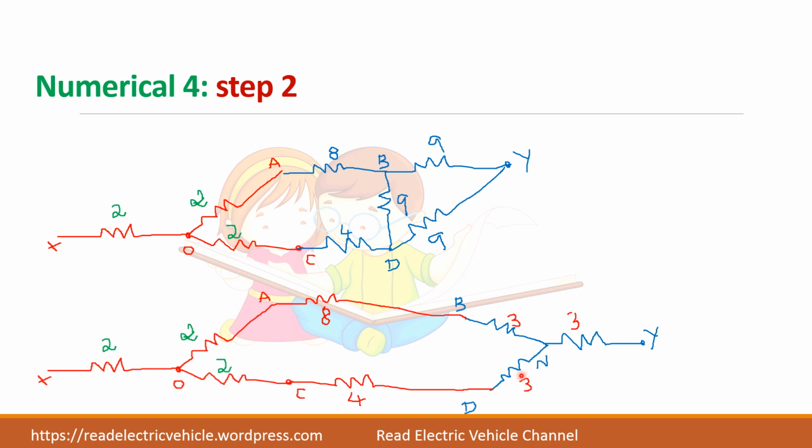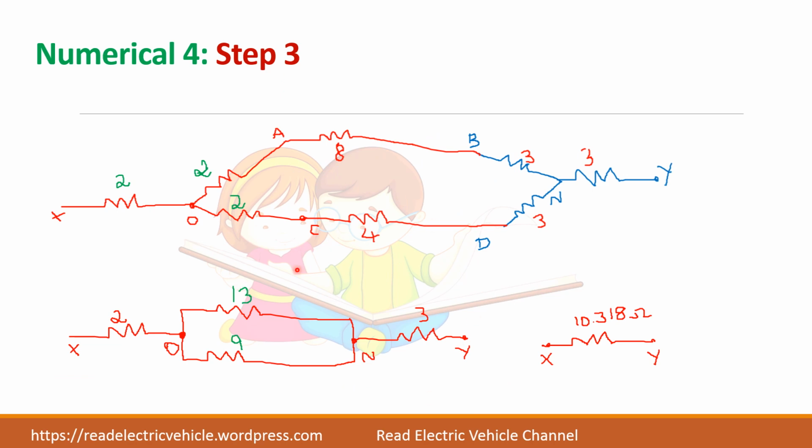Here also these three are in series. Add these. 8 plus 2 plus 3 is 13. 2 plus 4 plus 3 is 9. So the circuit gets reduced like this, and you simplify it, you will get the answer.